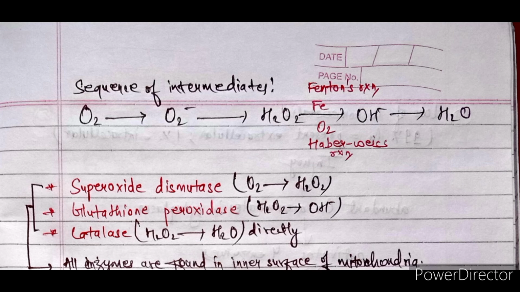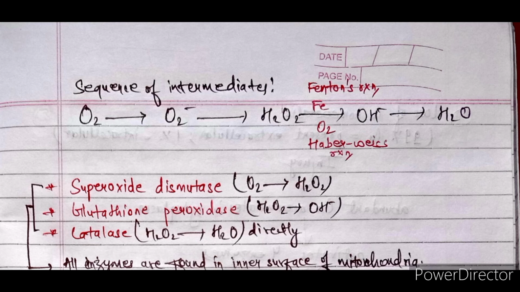From oxygen it gets converted into the superoxide ion, that is O2 minus. From superoxide ion it gets converted into hydrogen peroxide, that is H2O2. From hydrogen peroxide it gets converted into hydroxyl ion, and from hydroxyl ion it gets converted finally into water. So superoxide ion, hydroxyl ion, and hydrogen peroxide, these all are the intermediates formed.